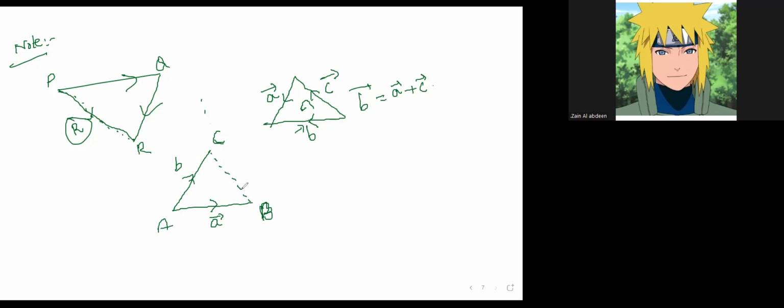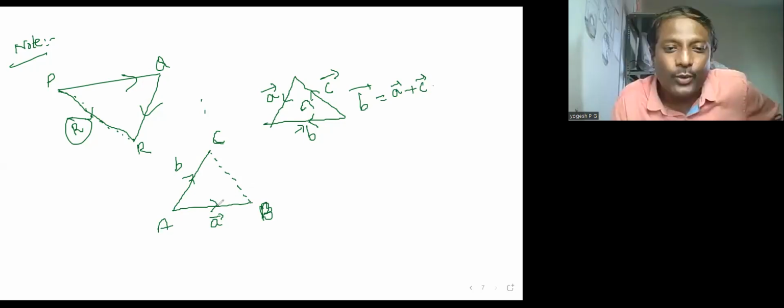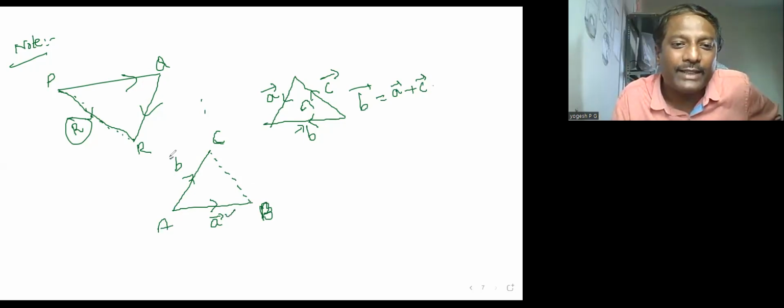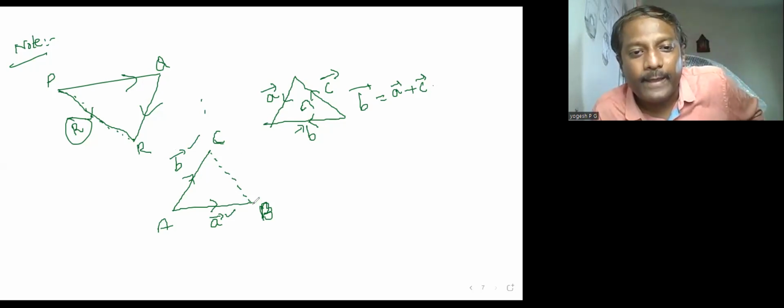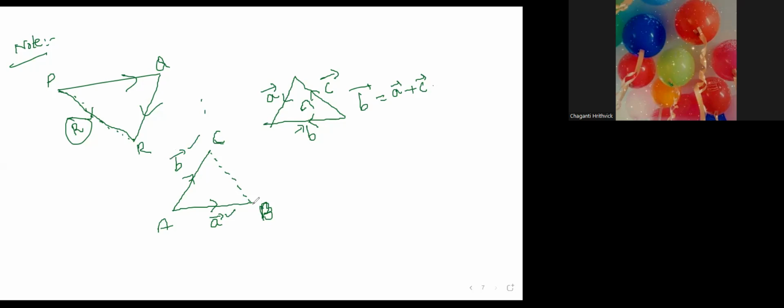I have given the two vectors, right? A vector I have given, B vector I have given. Now I have written the third side also. Tell me which is the resultant, B to C or C to B?